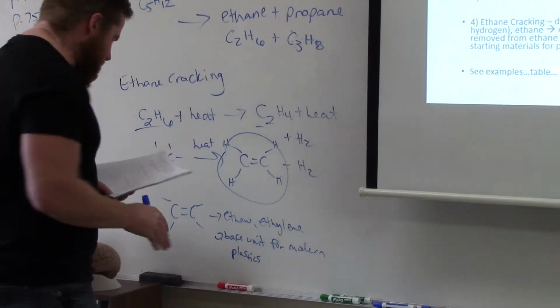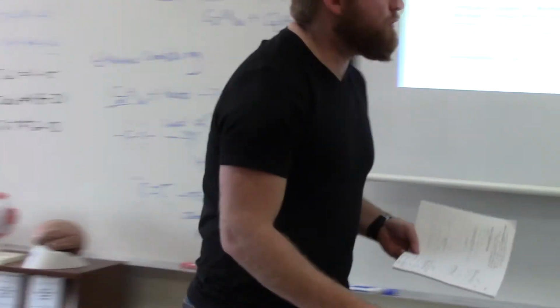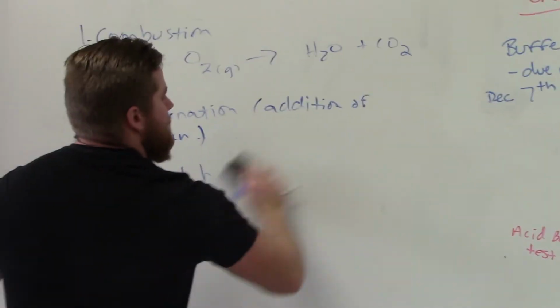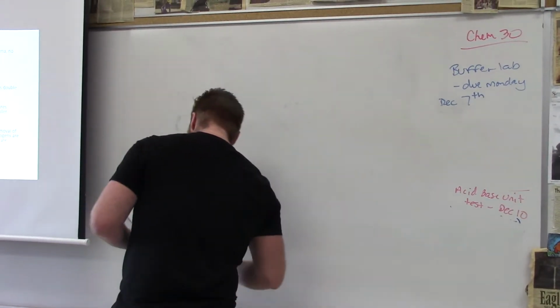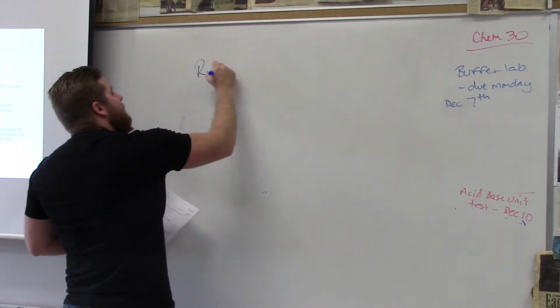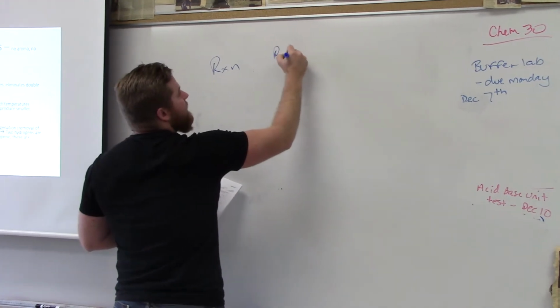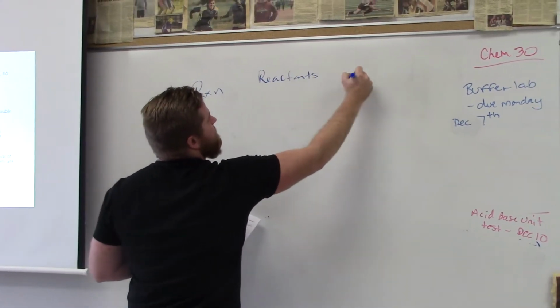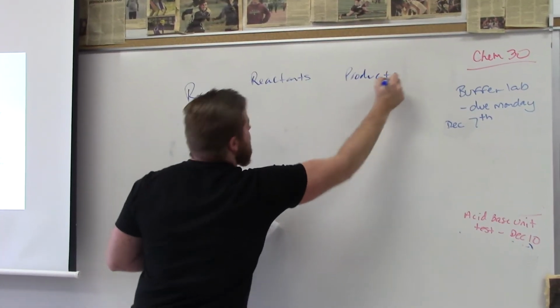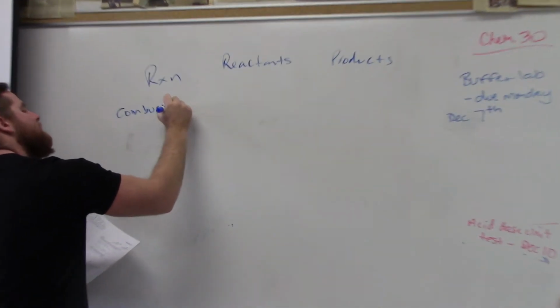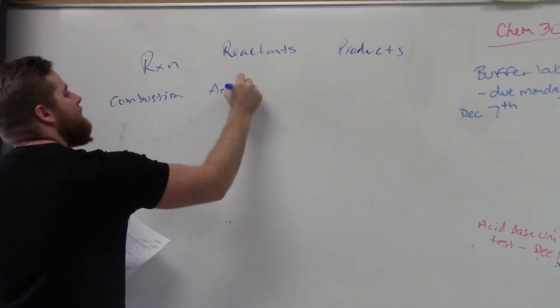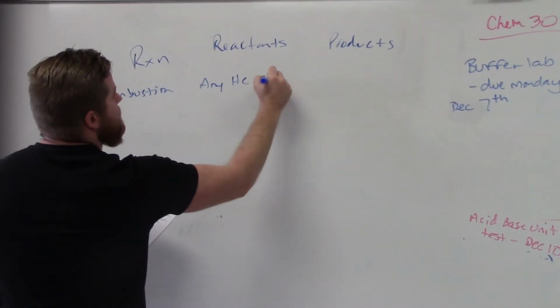So I'm going to give you a little table here, and you need to know this. Okay, so reaction, reactants, and products. I'm just going to summarize what I just talked about. So combustion, right? You have any hydrocarbon and oxygen.